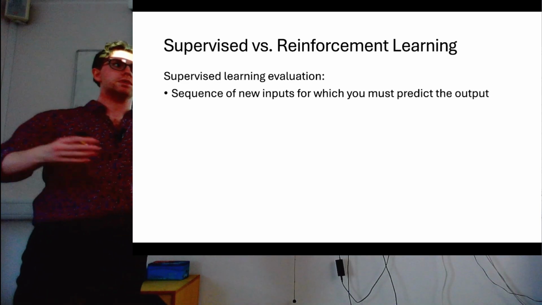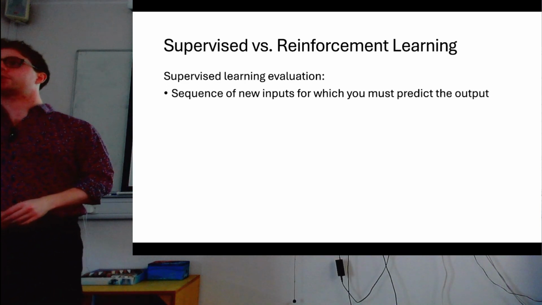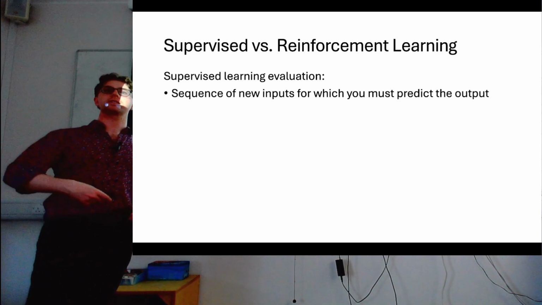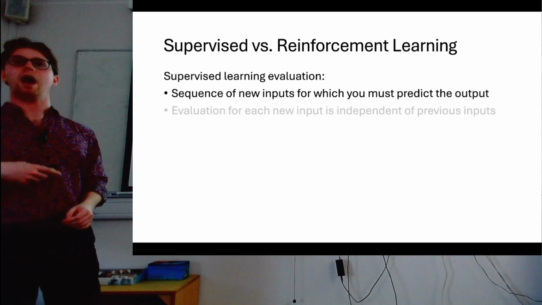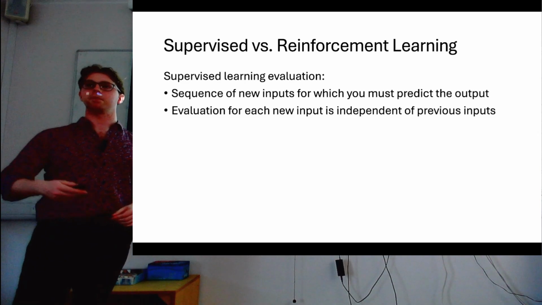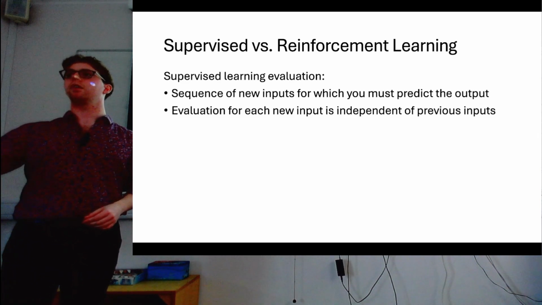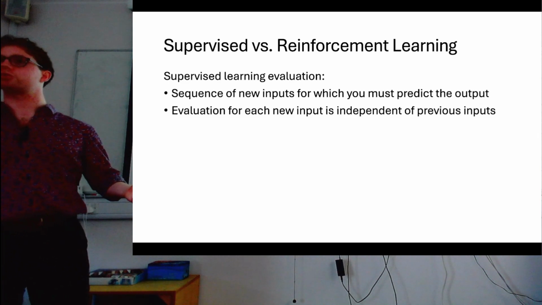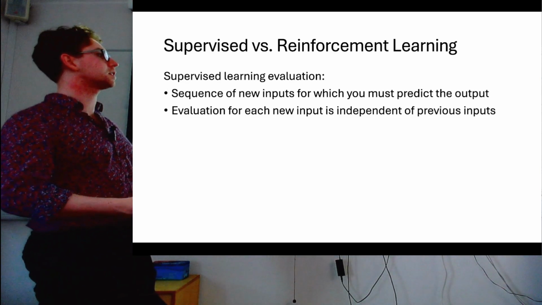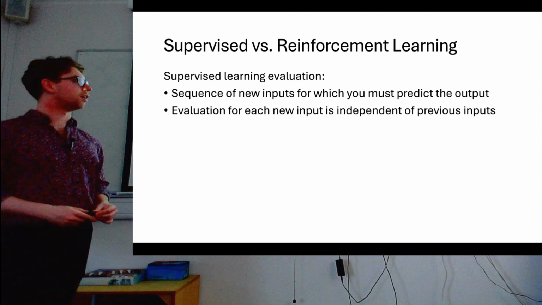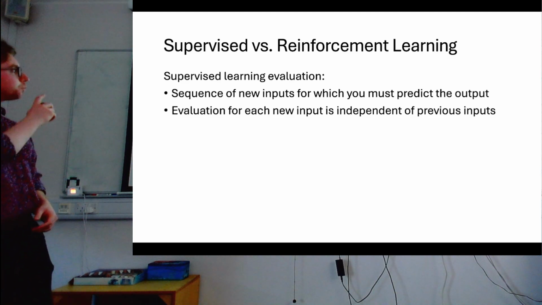So I give you a new collection of 10 people and their biometric measurements. Your model predicts their likelihood of having a heart failure, and if you assign high likelihood to people who do go on to have a heart failure and low likelihood to those who don't, you've done a good job, right? This is what it means to do a good job in supervised learning: that you correctly predict the labels for a new set of people coming in.